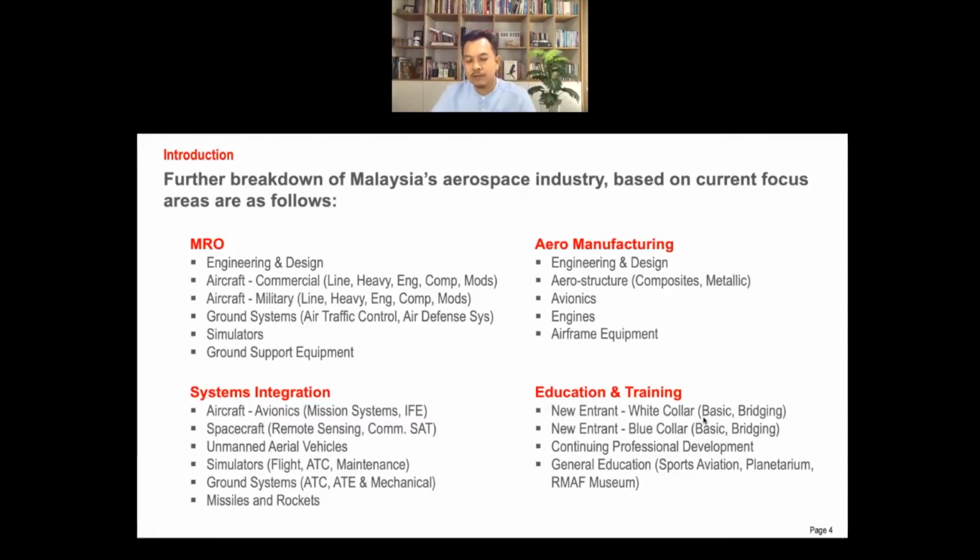We also have master's and PhD programs in aerospace, and new entrants for the technician, or we call it the blue collar. So we look at the basic as well as the bridging program, and continuing professional development, where we have general education, sport aviation, planetarium, as well as the museum, the Royal Malaysian Air Force Museum.